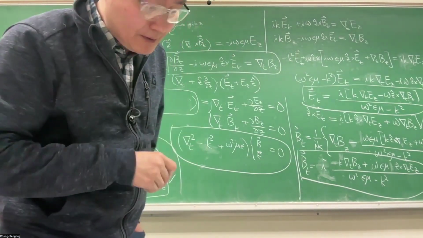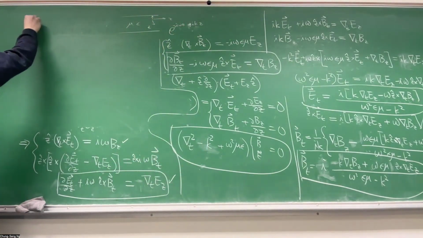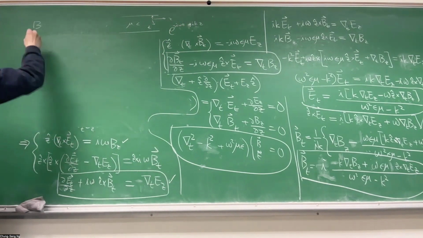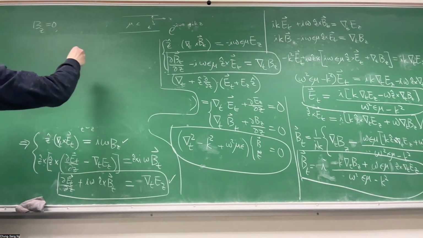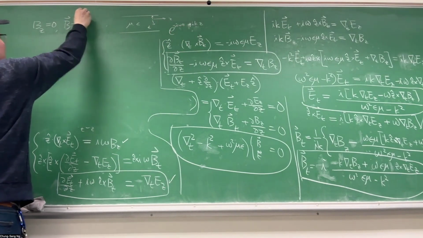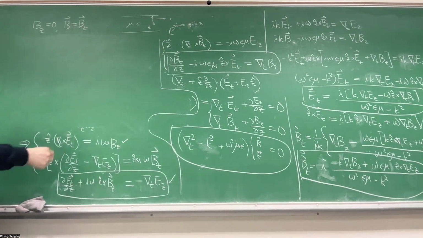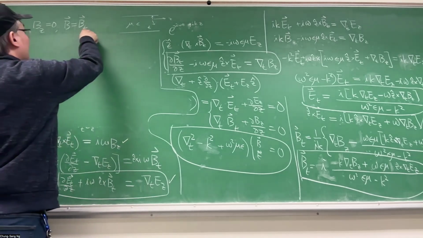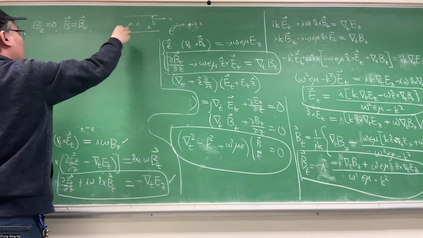Jackson, the first is B sub c is 0. So when B sub c is 0, which means the B total is just B sub t. There's no z component. And so B sub t is a transverse mode. So it means the magnetic field is in the transverse direction.